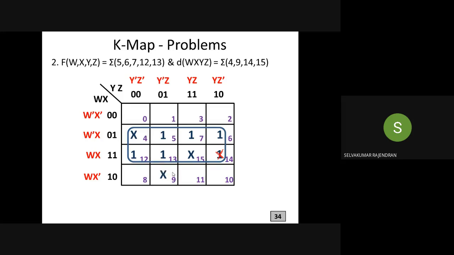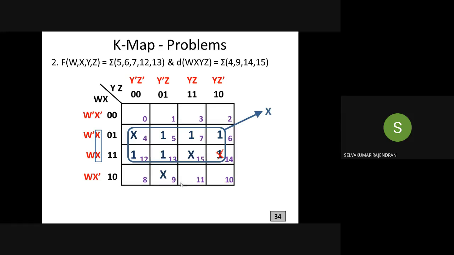If you try to group that 9th cell, it will result in a 2 cell group, which would be redundant, so you can avoid that grouping. So we have only one group in this K-map, and from it you will get a min term x.